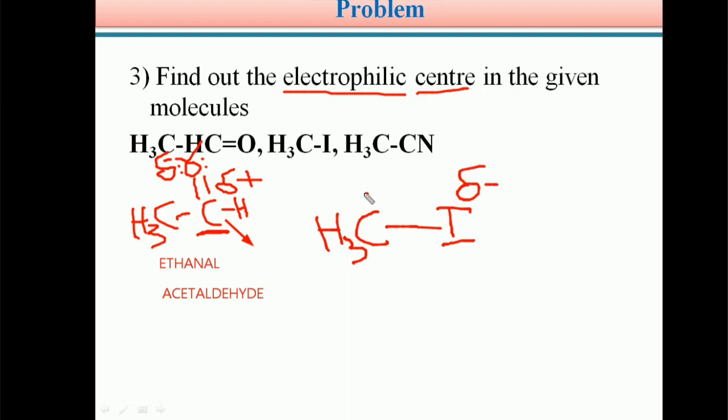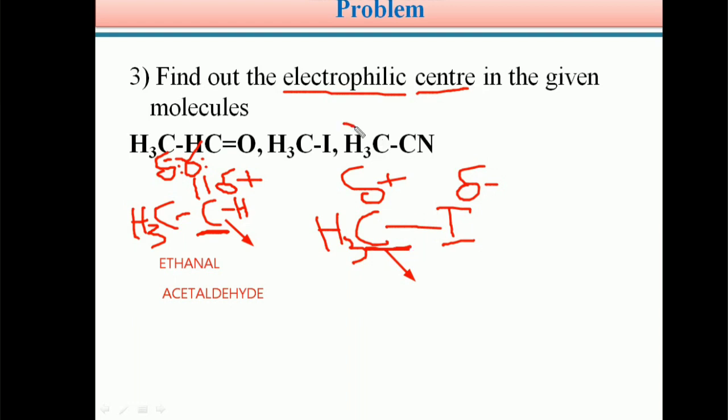So the bond polarity exists in such a way that the bond pair of electrons goes towards iodine, and the electrophilic center, the partial positive charge part, is this methyl carbon. Therefore students, this is the electrophilic center in the case of methyl iodide. The CH3 carbon is the electrophilic center in methyl iodide.